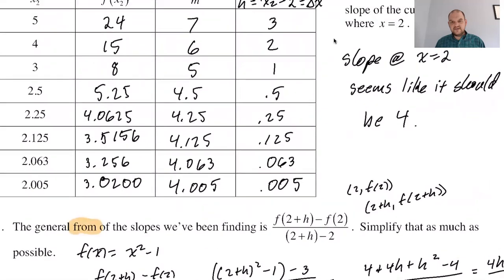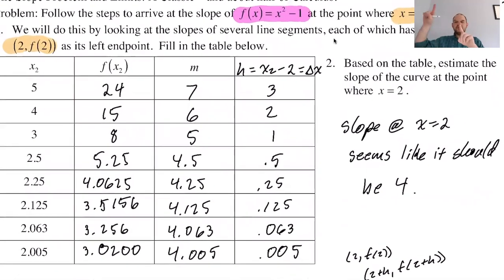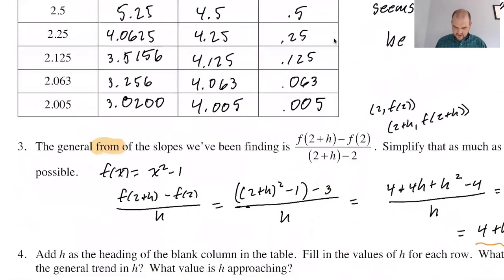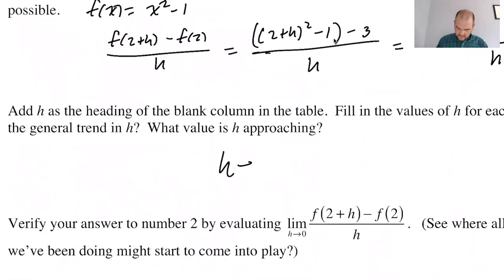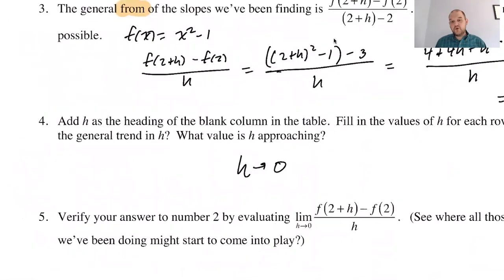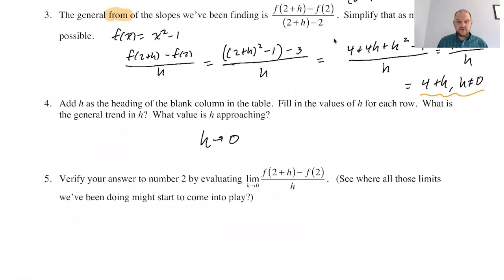All right, so there is definitely a general trend in h in the column. And you can see what we want is we want the 2 points to move closer and closer together. Ultimately, we want them to be the same point. So we need h to approach 0. So what we're doing is we're saying that h is going to approach 0. And h will always approach 0 in these problems, which is pretty good.